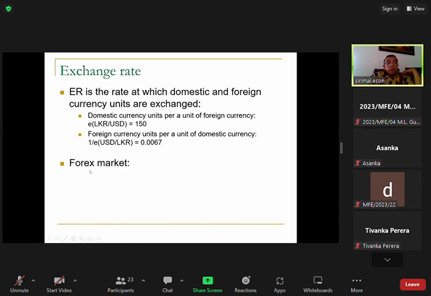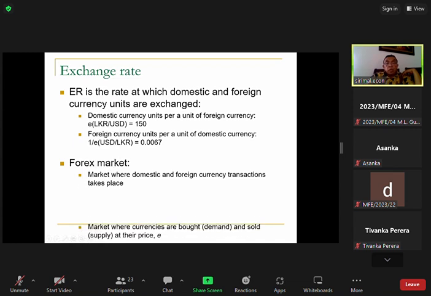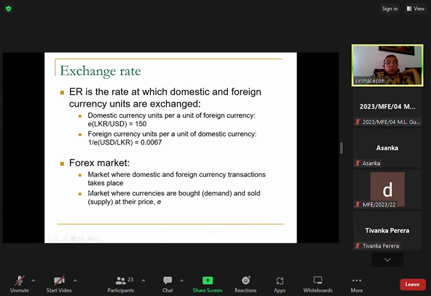In the foreign exchange market, as in any market, we know that we have supply and we have demand. This is the market where foreign and domestic currency transactions take place. So it is the market where currencies are bought and sold at a price. The price is called the exchange rate.